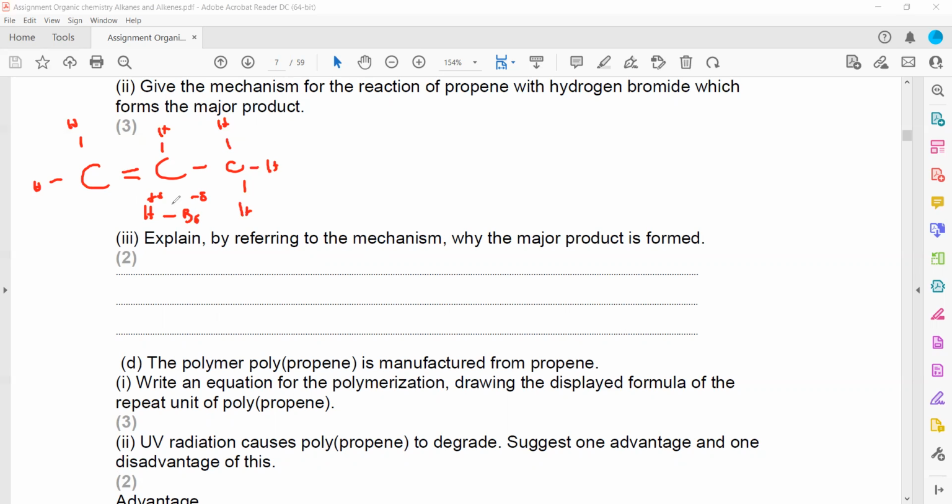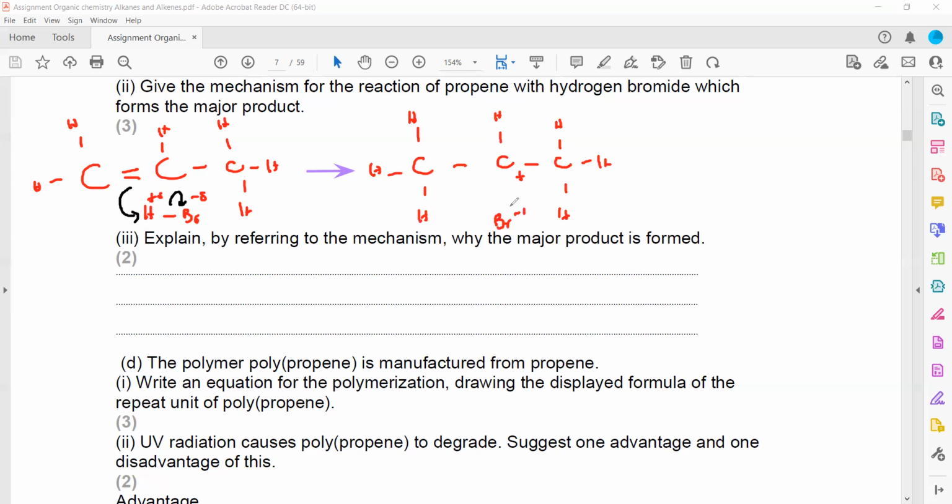Now, both electrons shift towards bromine, heterolytic bond breaking, and of the carbon-carbon double bond, one of the bonds will form with hydrogen. As a result, what will happen? You have to show the major one. So hydrogen will be attached here, and this will be the carbon cation.